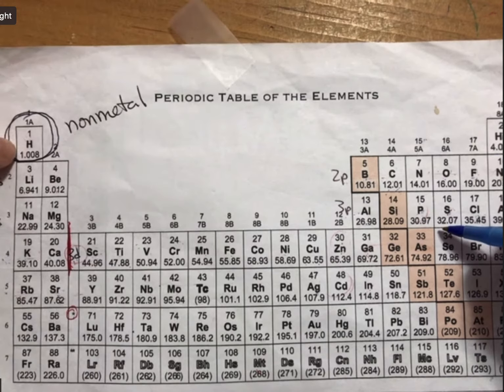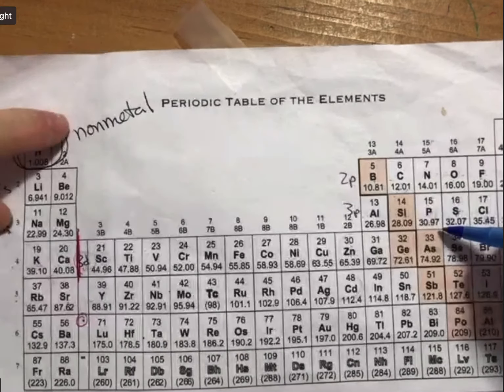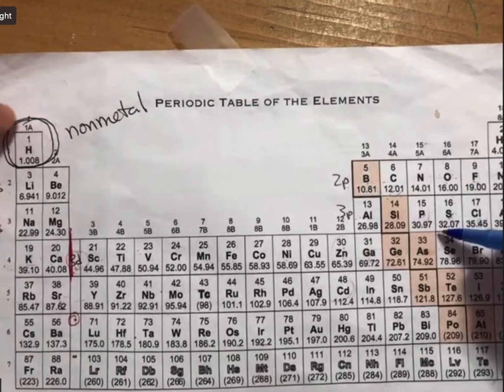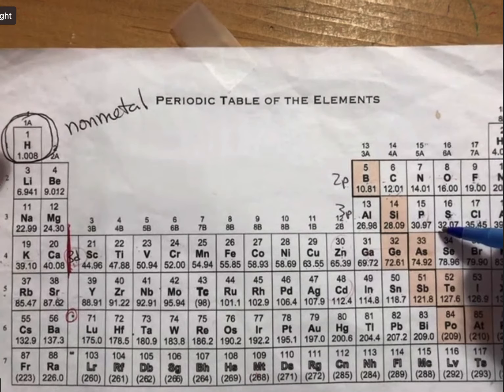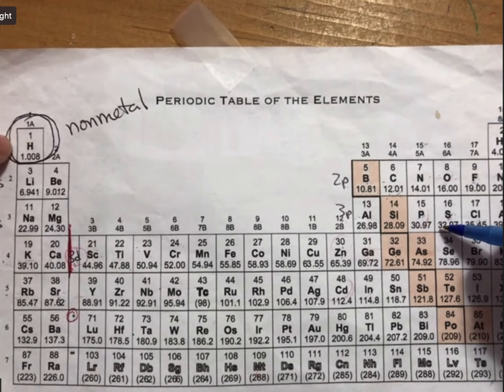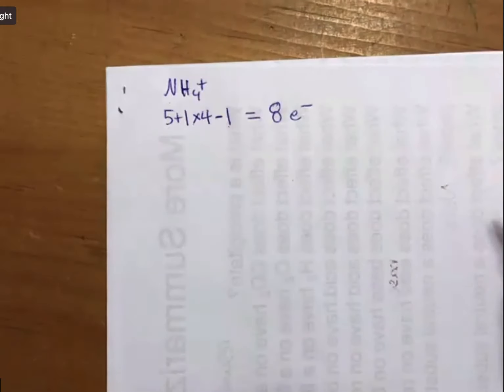One thing to keep in mind, hydrogen is a nonmetal. Hydrogen is the least electronegative nonmetal, meaning it is never in the center. There are other reasons it's never in the center too.